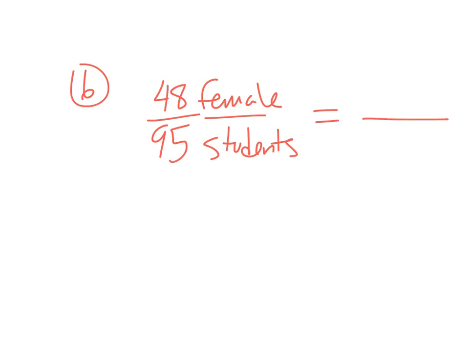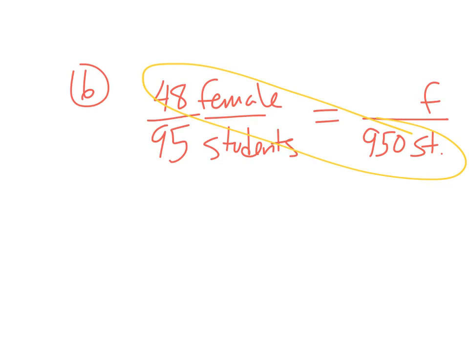What do I put over here on this other side? 950. Where? On the top? Bottom, because 950 is talking about the whole school. So you match it up with the students. So we know there's 950 students. I want to know how many females there are. So I'm going to cross multiply. Calculators. Yep, told you the numbers get bigger. So I'm going to do 950 times 48, which is? 45,600.